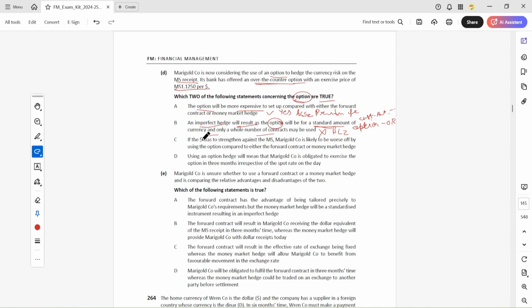If the dollar strengthened against MS, Marigold company is likely to be worse off by using the option compared to either a forward contract or money market hedge.